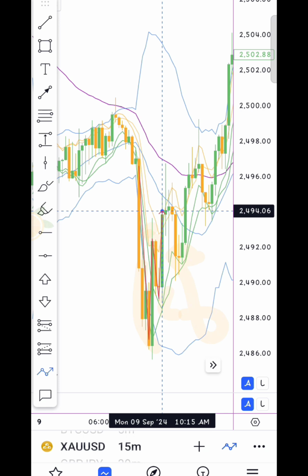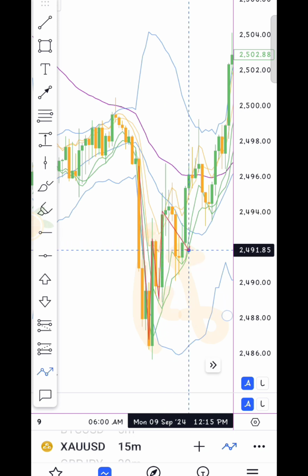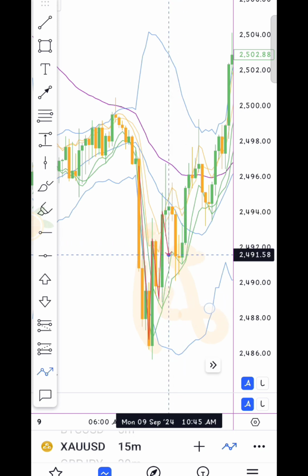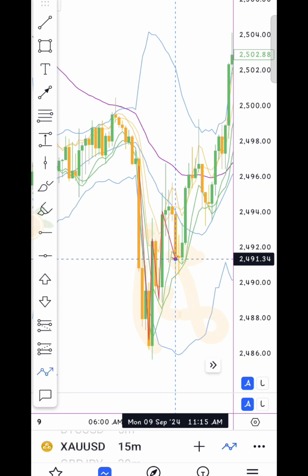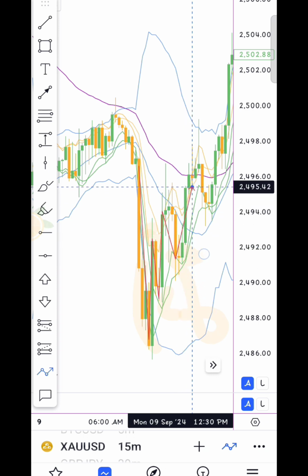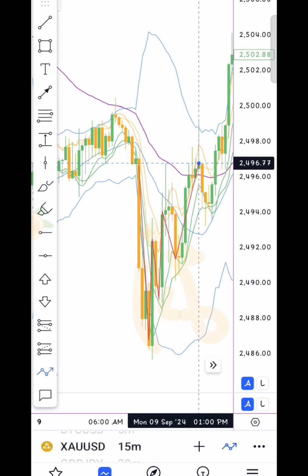I hope you stay tuned so that you can learn. CSA is also an early signal that the market wants to change direction. So after the CSA, we had entry right here, and then price moved up, making a CSD.